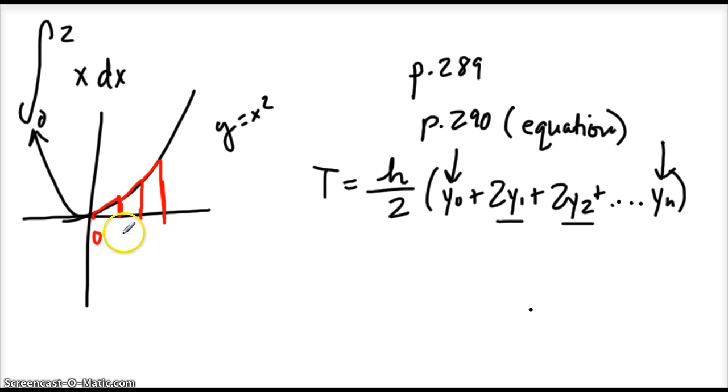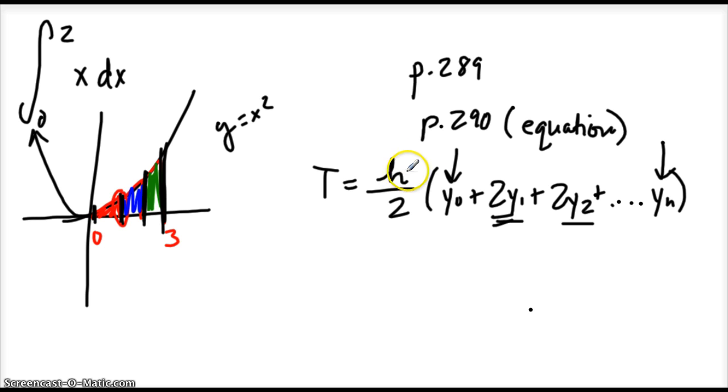And if I'm going from 0 to 3, how this base would be counted once in this trapezoid, but then this base would be counted once in this one, and then another time in the blue one. And then if I had a green trapezoid, the bases at the ends were counted once apiece, and then these bases would be counted twice, because they're counted in the red and the blue, and the other one is counted in the blue and the green. So that's why those factors of 2 are there.